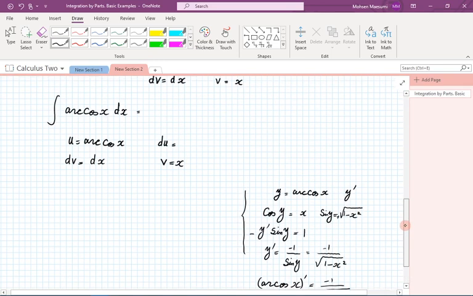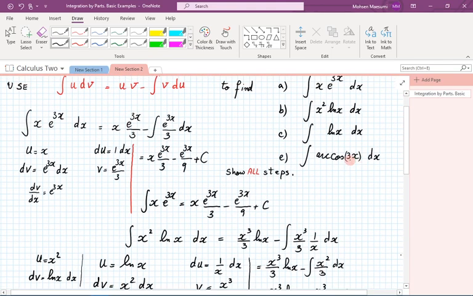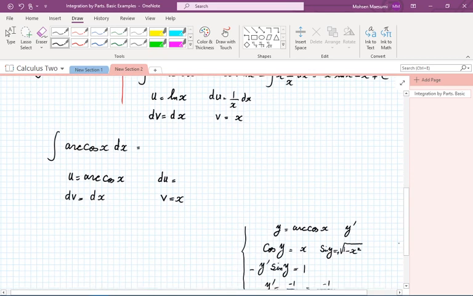Now I realize that I wrote 3x here and then I wrote x here, so let me make a correction so that everything looks alike. So let's see, this was 3x. Let me use that, it's a little bit more interesting.